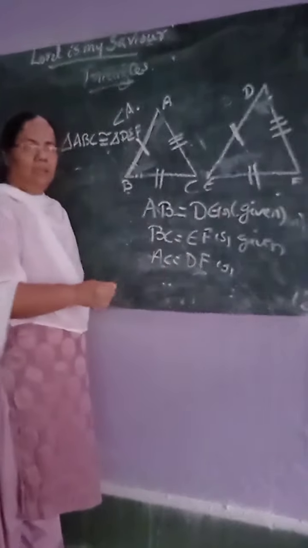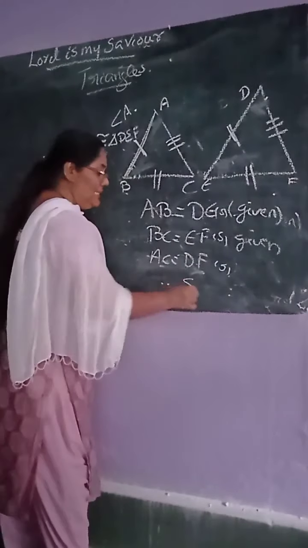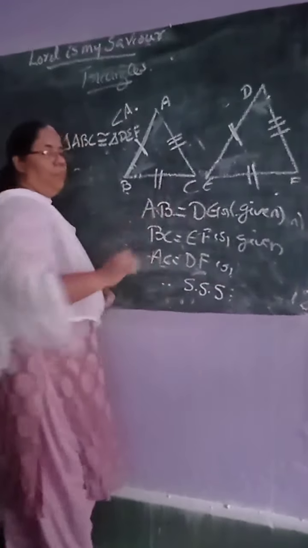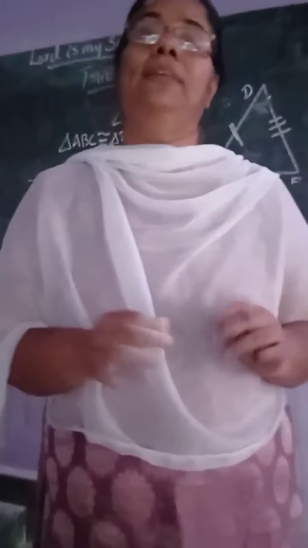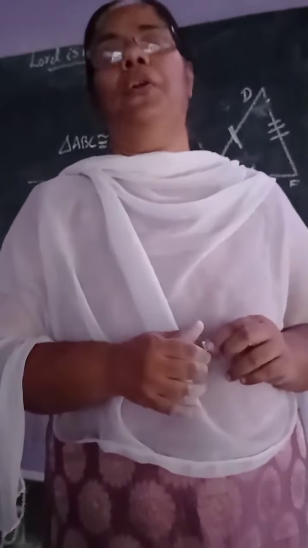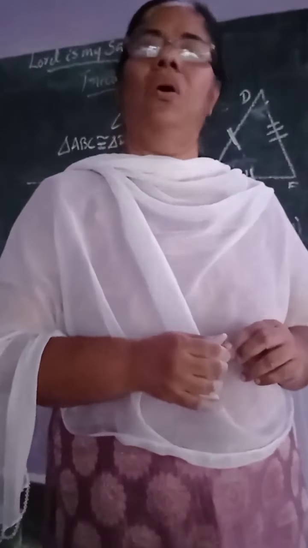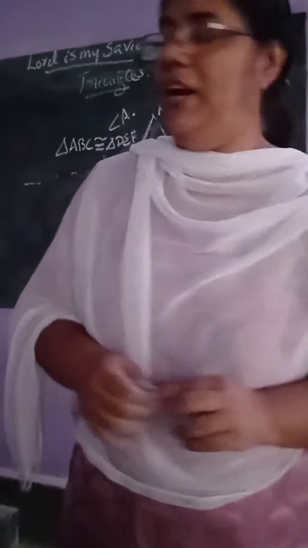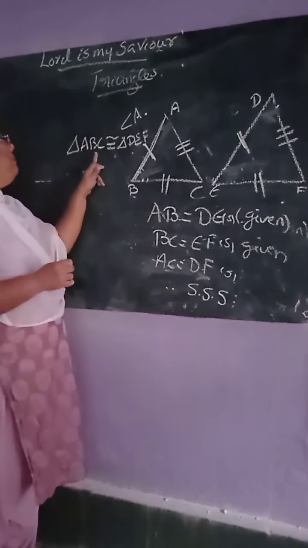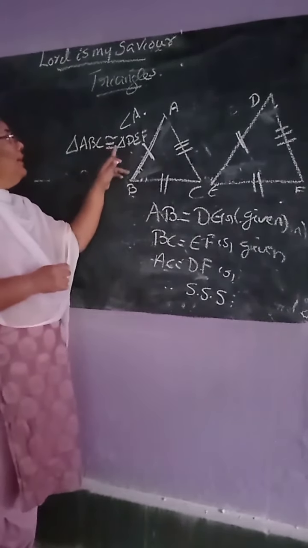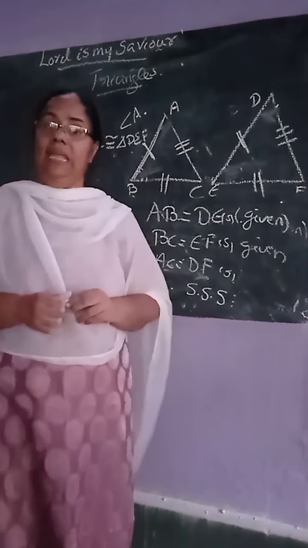Therefore, write that by the SSS congruency theorem, the two triangles are congruent. Therefore, we can write triangle ABC is congruent to triangle DEF by the SSS congruency theorem.